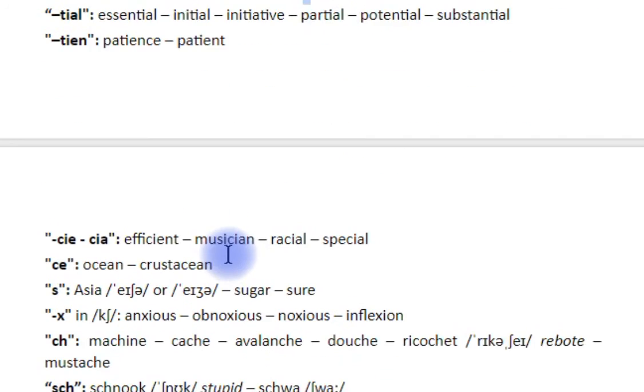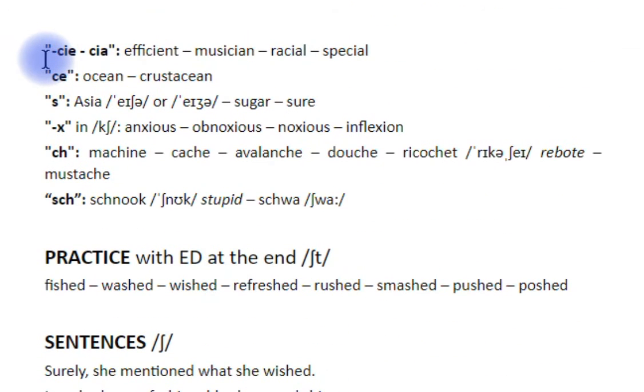The sh, CIE: efficient, musician, racial, special, and the CE: ocean, crustacean, and then Asia, which also can be pronounced with a voiced sound, and sugar and sure.